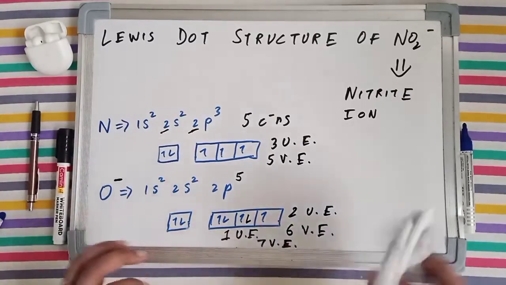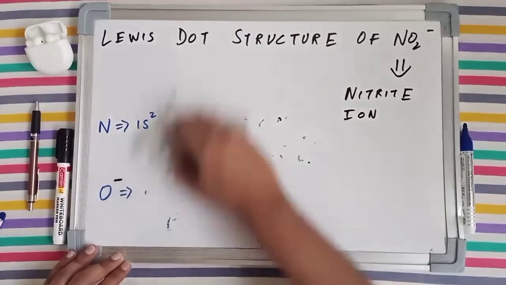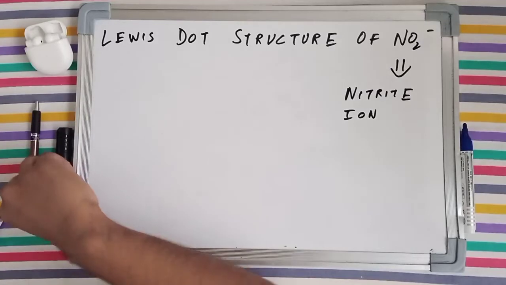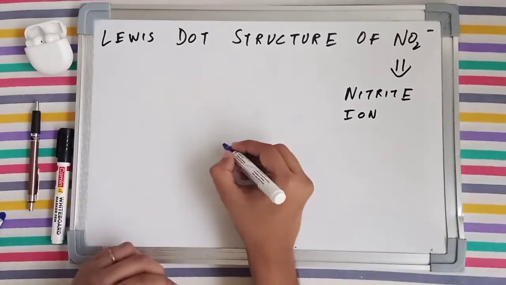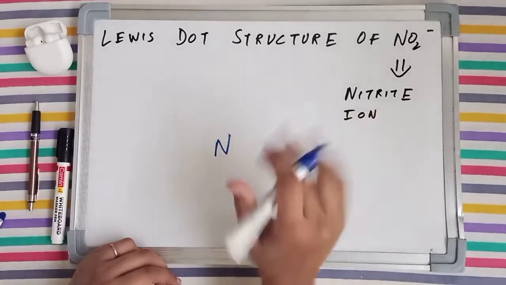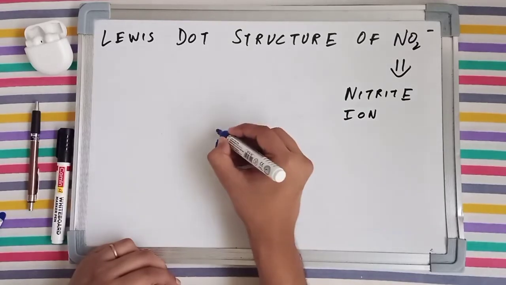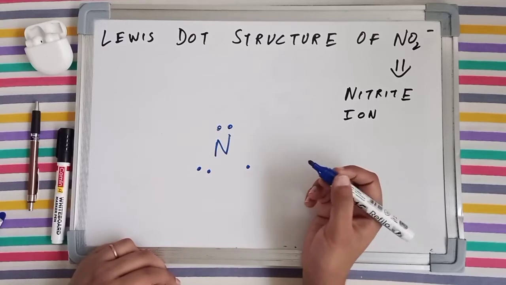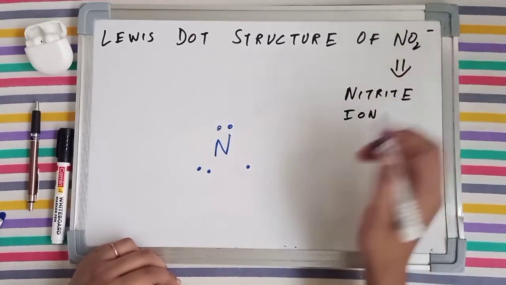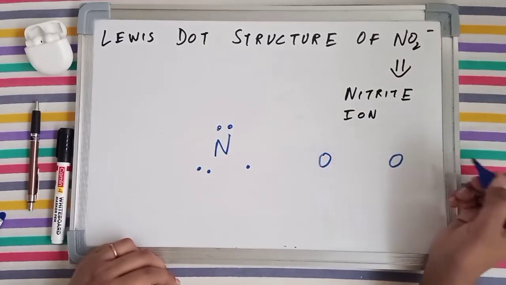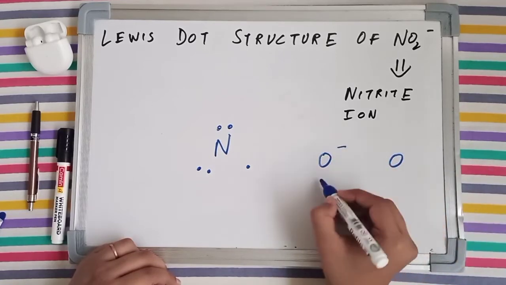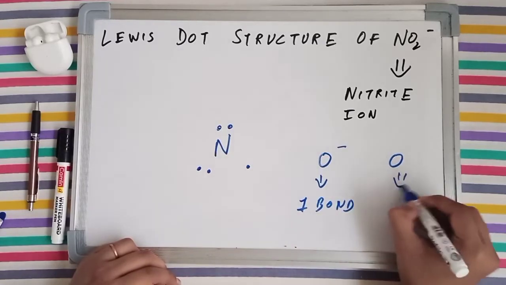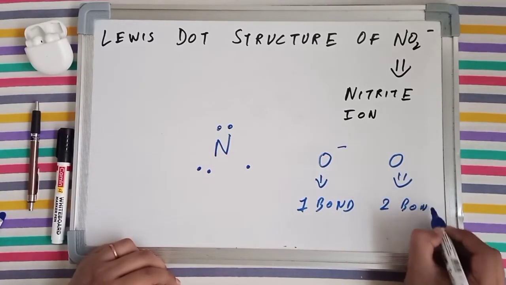Now let's begin with the structural part. We have our central atom as nitrogen, having 5 valence electrons: 1, 2, 3, 4, 5, and we have 2 oxygen atoms, and one of them has a negative charge, which means it will make just a single bond, whereas this oxygen will make 2 bonds.